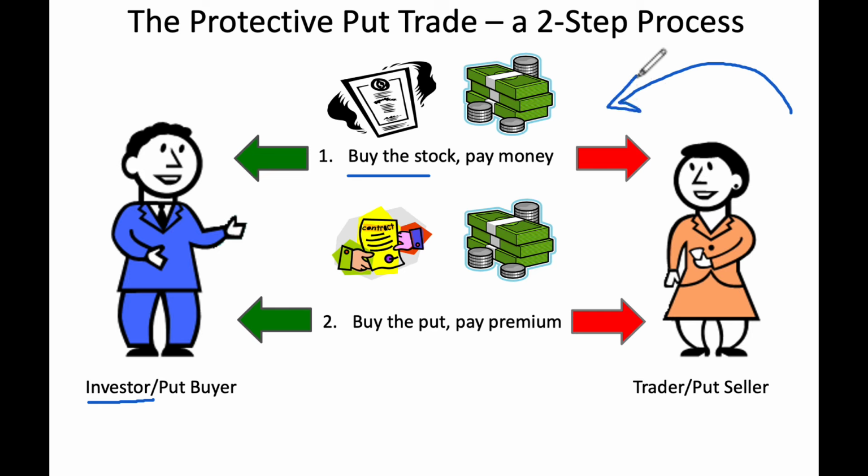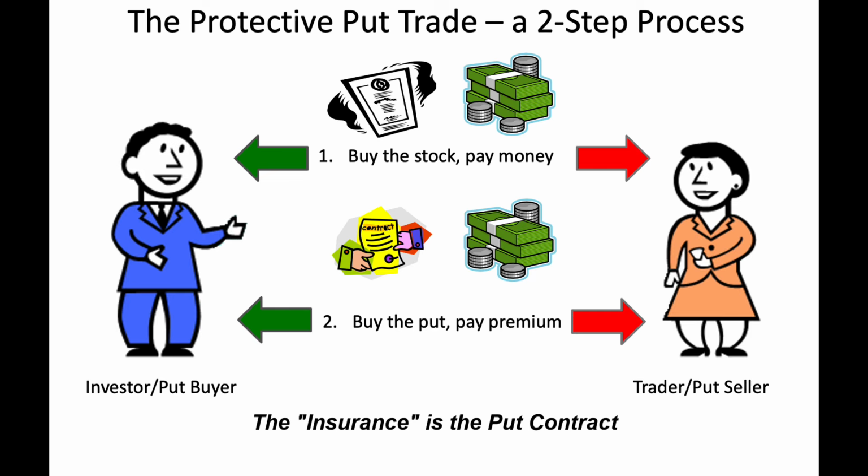Okay, so that's the open market concept where you go in, you buy stock, someone will sell you the stock, now you own the stock. But when you own shares in a particular ticker symbol, the risk is to the downside. So step one is you're buying the stock, but step two is you're going to go in there now and you're going to buy insurance on your stock.